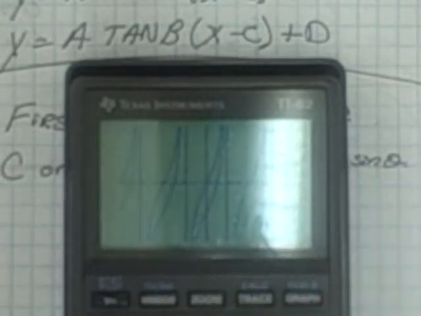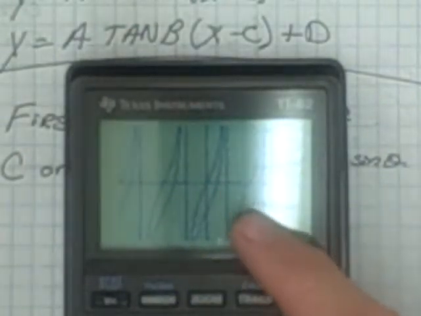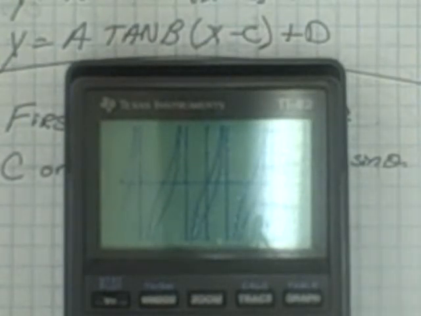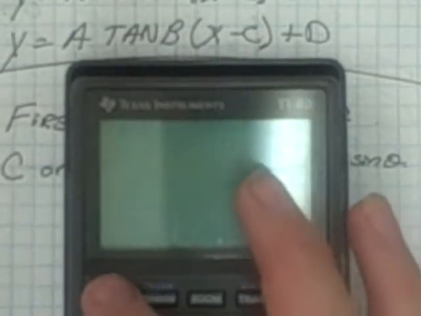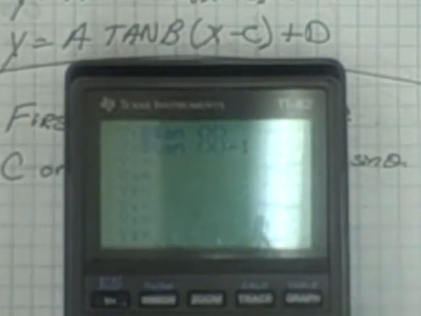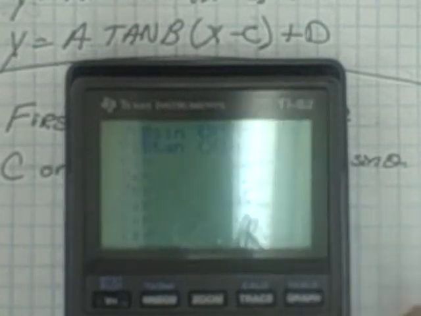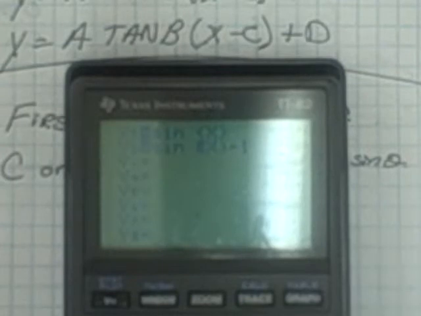A little harder to see with the tan x, but that's where it's shifted down 1. Let's clear this, and let's put in sine x and sine x -1. Okay, and we'll graph those. See if the sine x drops 1. And indeed it has dropped 1.